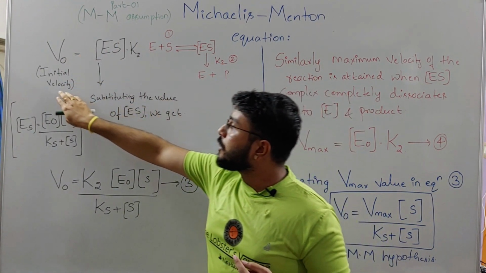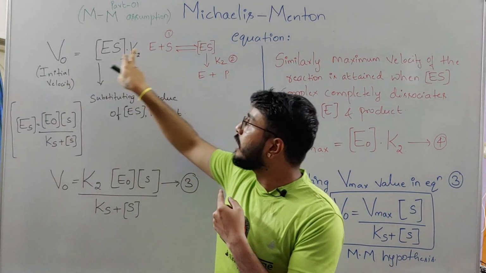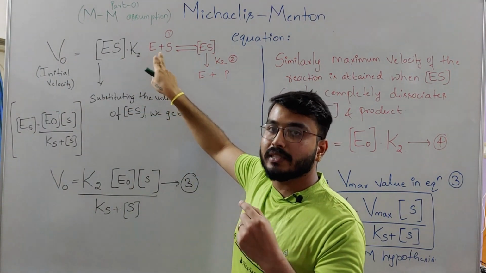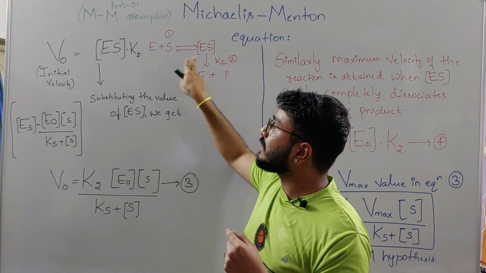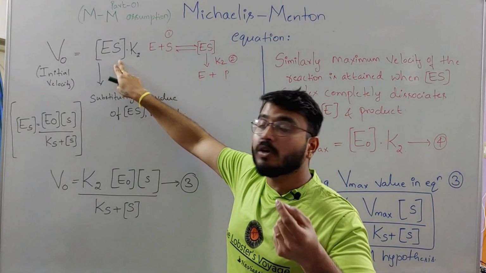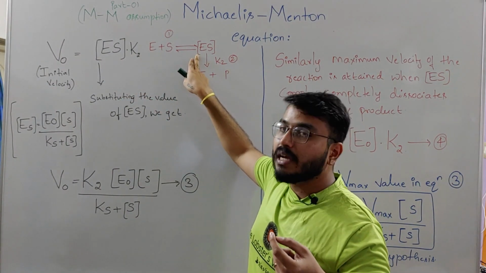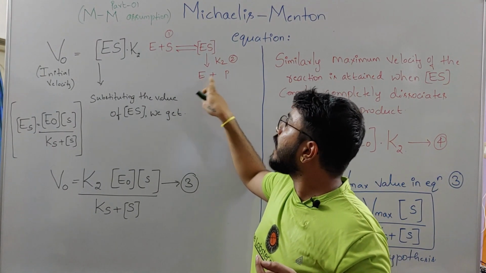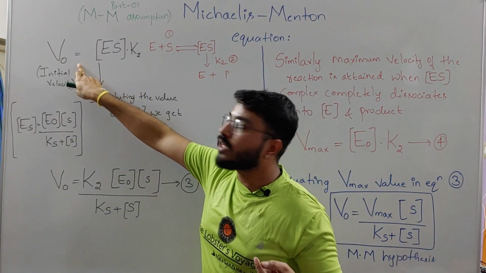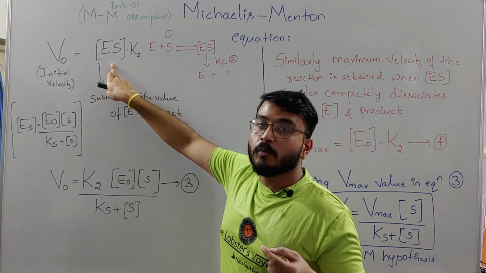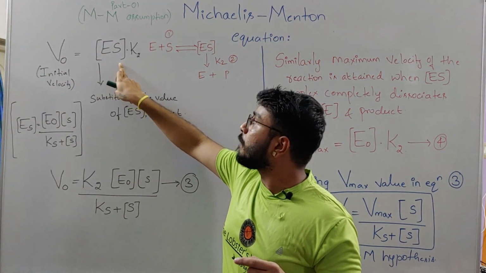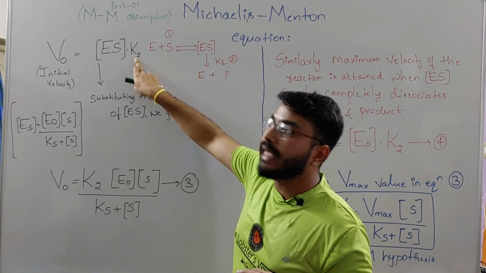And the initial velocity of the general equation, E plus substrate gives rise to enzyme substrate complex, completely depends upon the breakdown of enzyme substrate complex into enzyme plus product, that is V0, which is equal to the molar concentration of enzyme substrate complex and the rate constant K2.